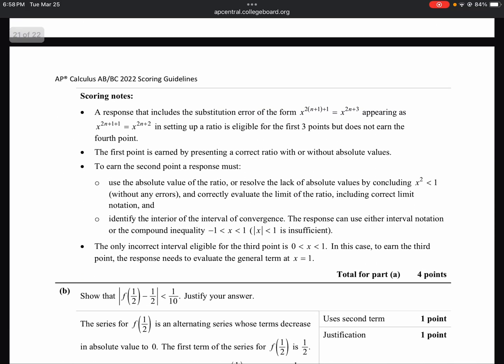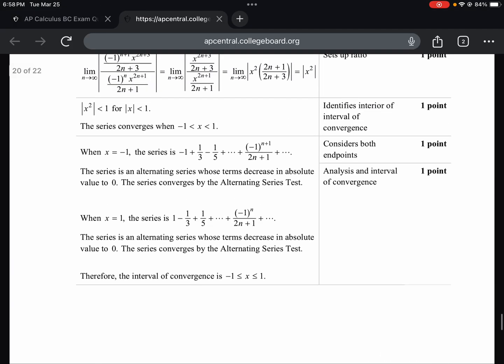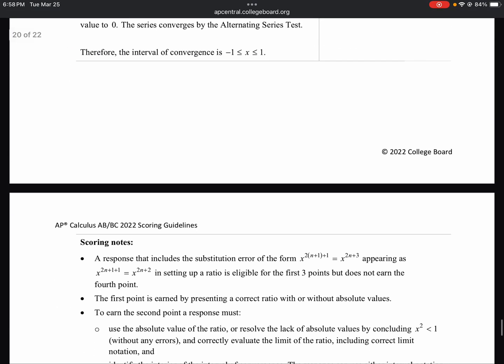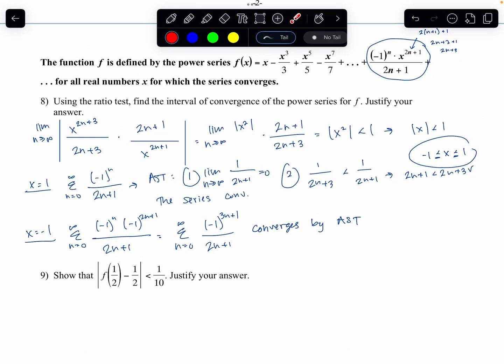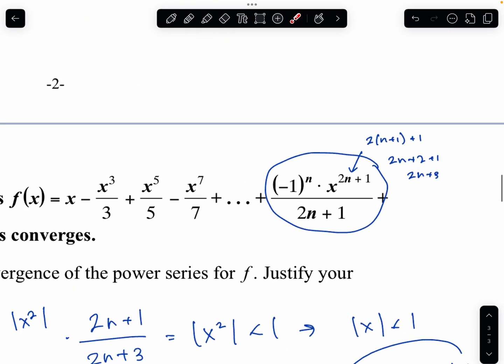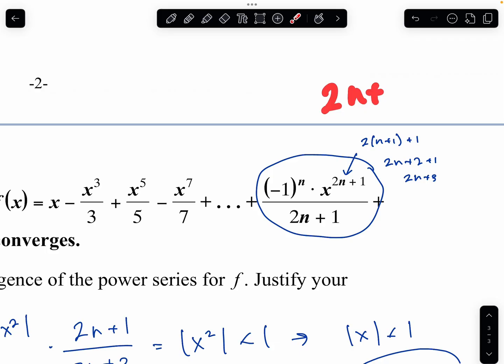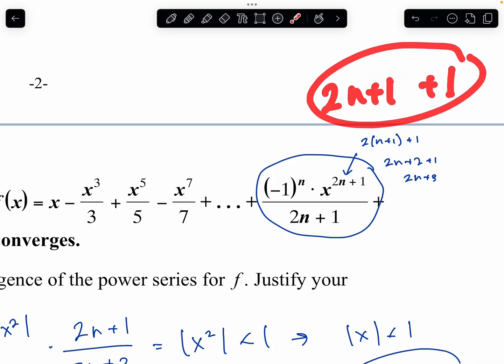A response that includes the substitution error of the form of 2n plus 1 plus 1 appearing as 2. Oh, so this is basically saying that whenever you make the substitution of n plus 1, so whenever you just plug in 2 times by n, or 2n plus 1 plus 1, well, this results in 2n plus 2, not 2n plus 3.